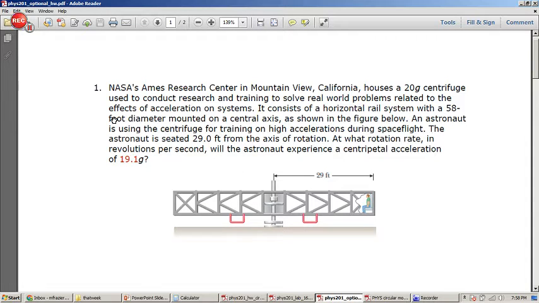You have feet, you have to convert to meters. You have an acceleration in terms of g, so you have to do 19.1 times 9.8 to get the true acceleration. But once you get the acceleration, you can get the velocity, you can get the period, and then you can convert that to revolutions per second.